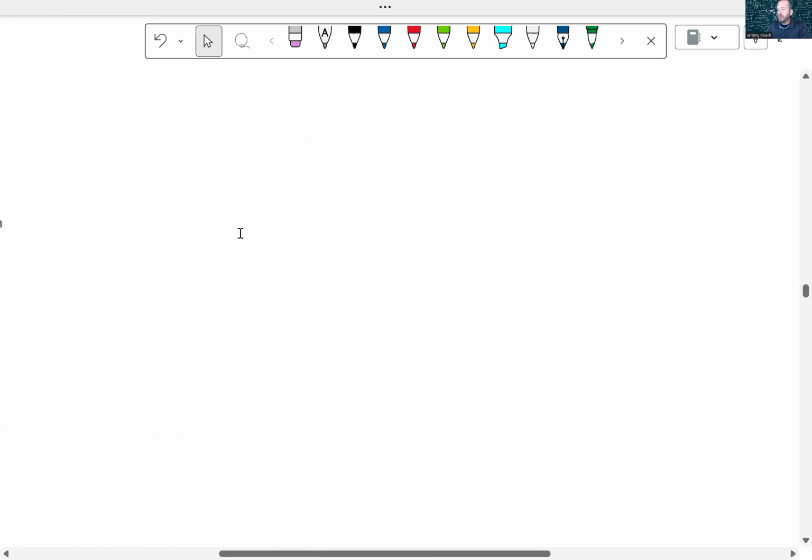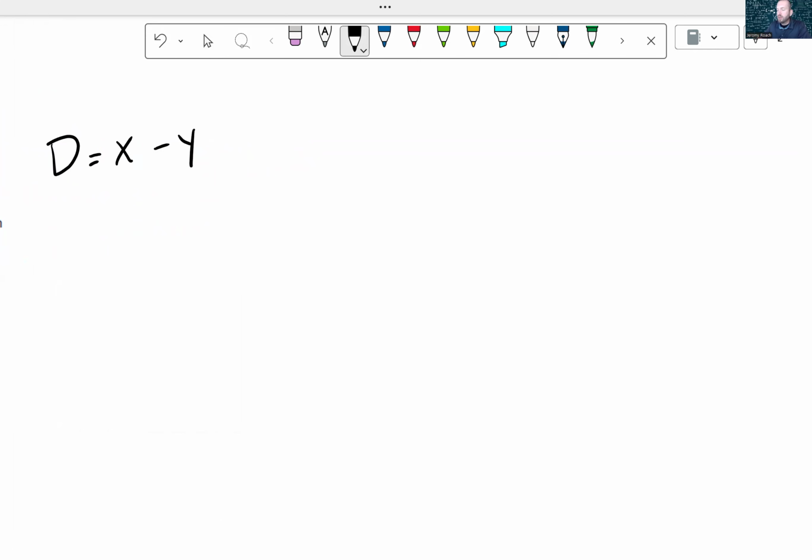So let's say that we have x minus y is what we want to find instead. We're going to say x varies by about 5 units. So its variability could be -5 all the way to +5. And we'll say the same thing for y, -5 to +5.